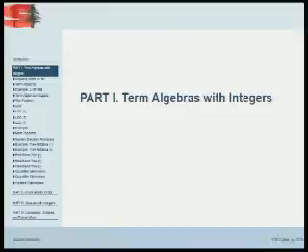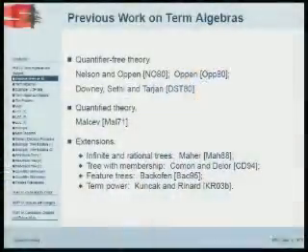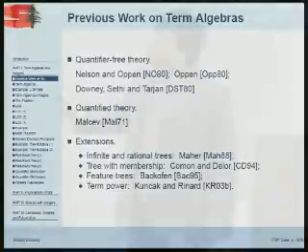So this is part 1. Some previous work on term algebras for quantifier-free theories was done by Nelson, Oppen, Downey, Tarjan. The decidability of the quantified theory was proved by Mal'cev using quantifier elimination in 1971.